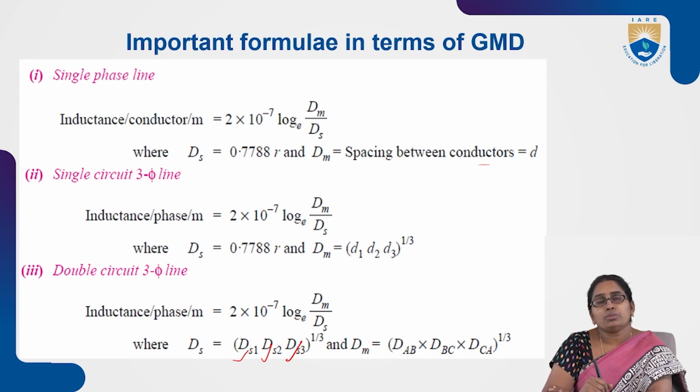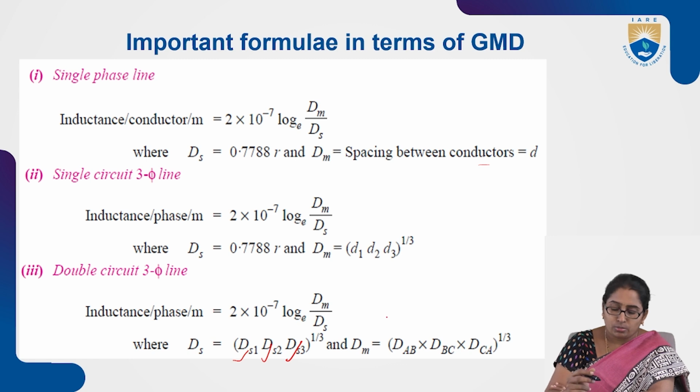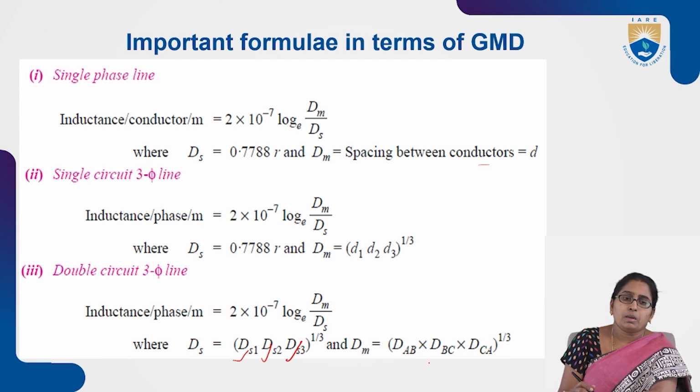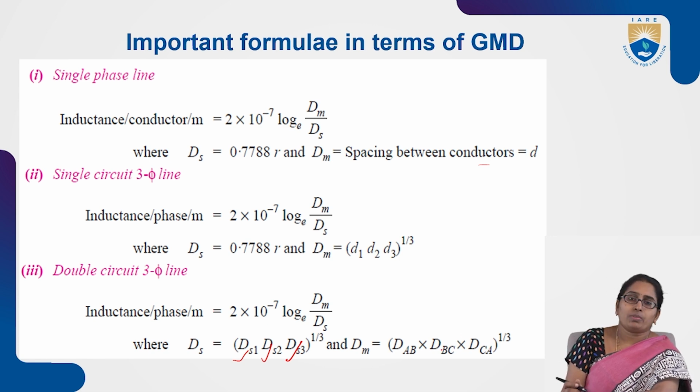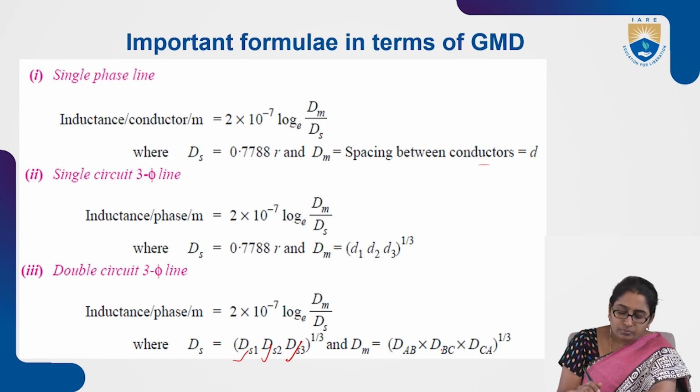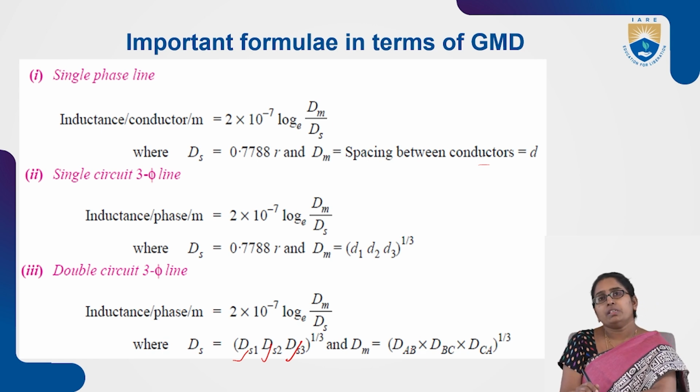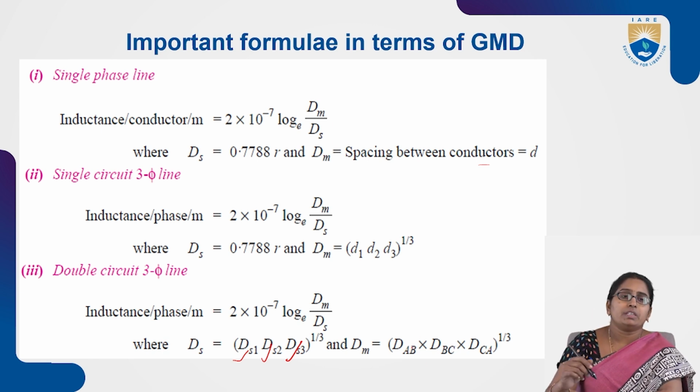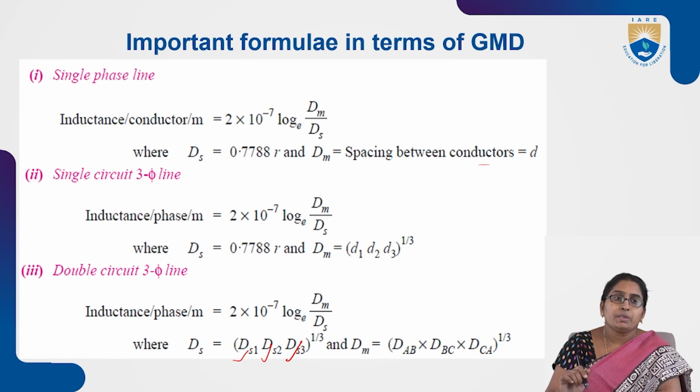Next, Dm, the mutual GMD, is given by the cube root of Dm1 Dm2 Dm3, or in terms of ABC, depending upon how we represent the conductors, as ABC or 1 2 3. Mutual GMD talks about the distance between the phases, not within the phase.